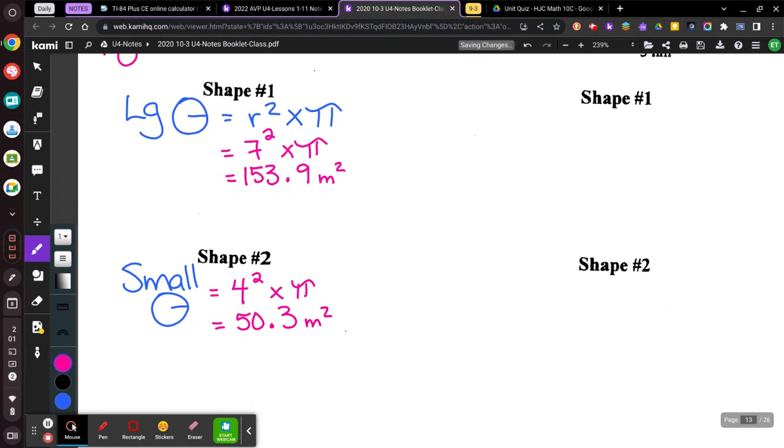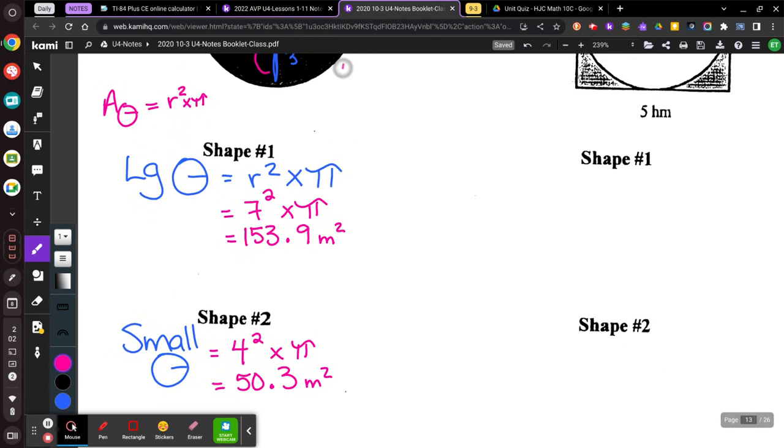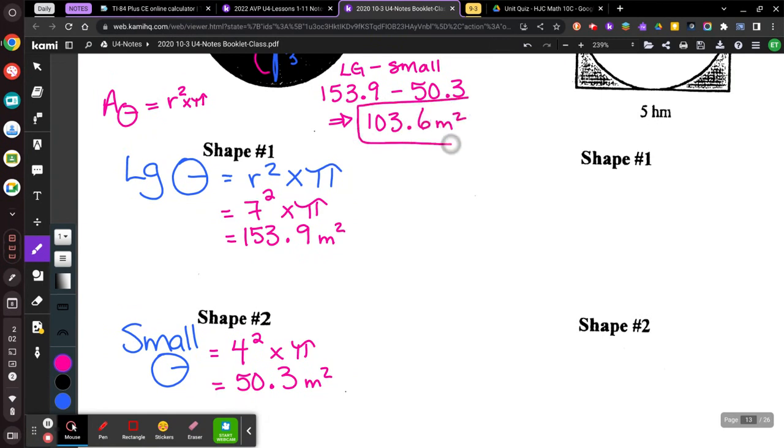Now, since I only want the shaded area, I'm going to go back to the top and take my large, subtract my small. So I'm going to get 153.9 subtracting 50.3. And that's going to give us a grand total of 103.6 meters squared.